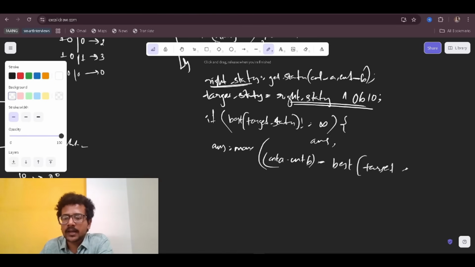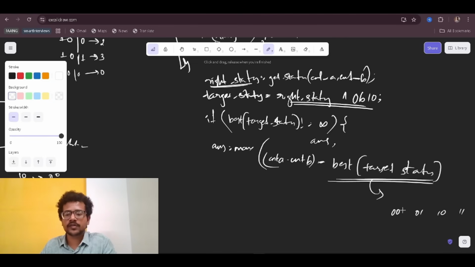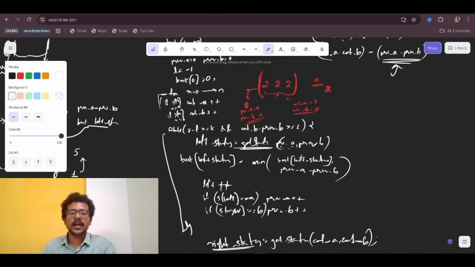So best of target status would get the minimum for 0 0, 0 1, 1 0, 1 1. For 0 0 it would store for 1 0. If the right status is 0 0, it would go to 1 0. And what is the minimum one? As I said, it will store the minimum every time.